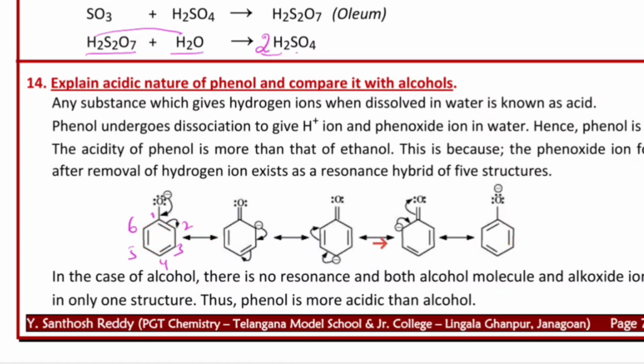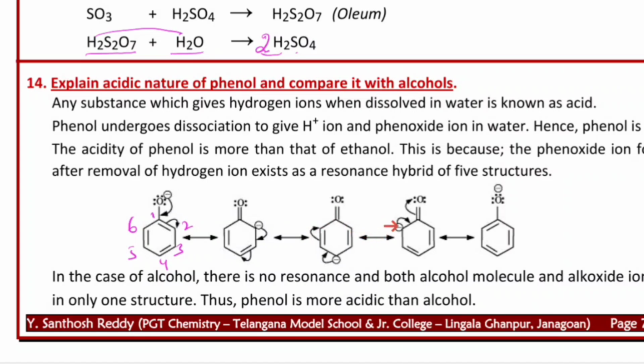That means all these structures are interconvertible and resonating from one form to another. During this electronic transition from one place to another, the species loses a lot of energy, and it will become more stable. So due to the resonance hybrid structures, the phenoxide ion is more stabilized.